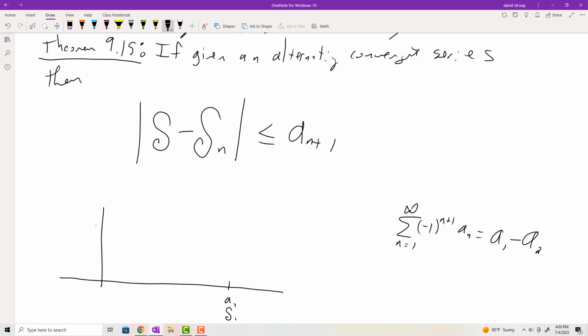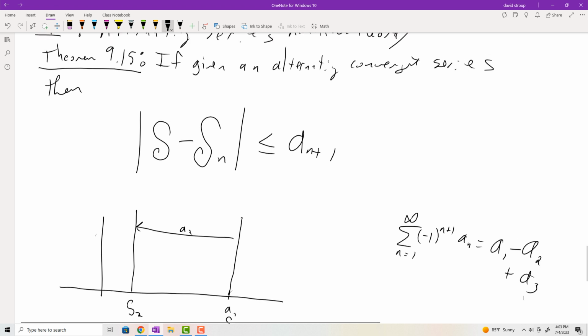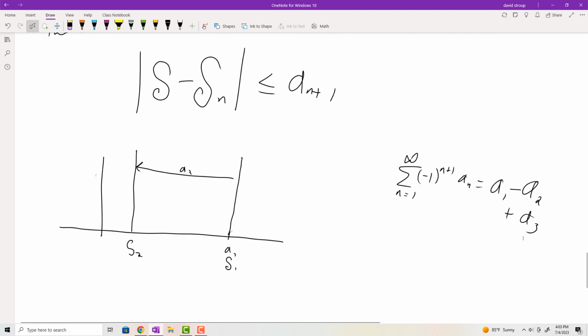A sub 2. So you're going to move over by a sub 2 to your next partial sum, which will be s sub 2. And then you're going to add in a sub 3. Because the terms are non-increasing, it's never going to go as far over to the other side, right?